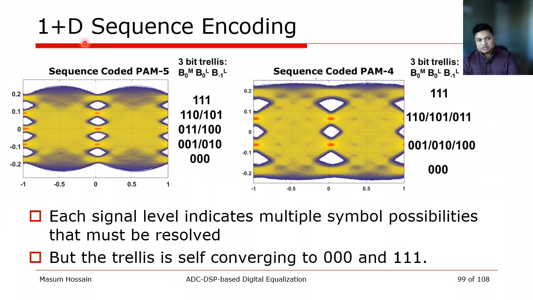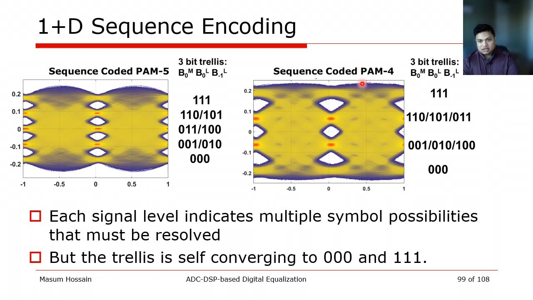Instead of 8 levels, because of 1+D, which means my current symbol and my previous symbol are of the same magnitude, these 8 levels converge to 5 levels. This reduces the number of comparisons I need to do to decode these levels. I can take this one step further, where I can redistribute the weight between MSB and LSB such that the number of levels is reduced down to only 4.